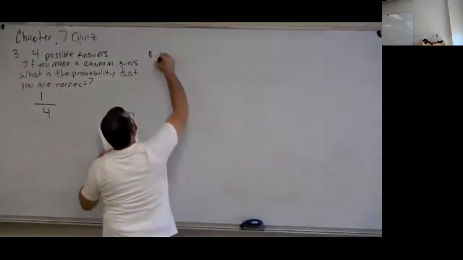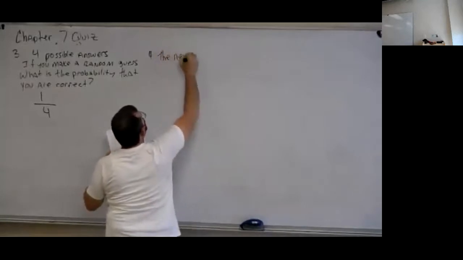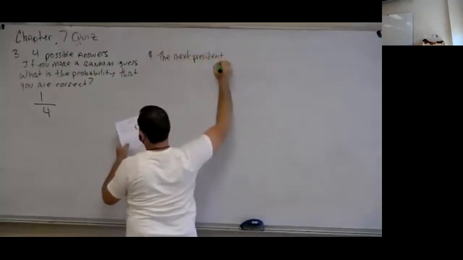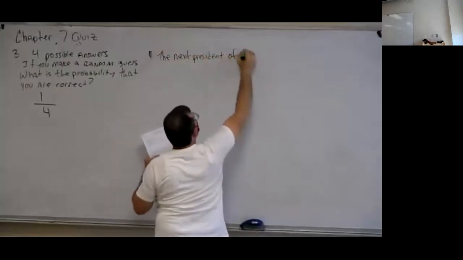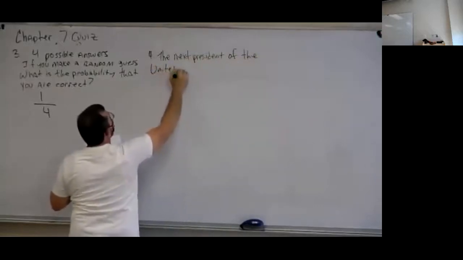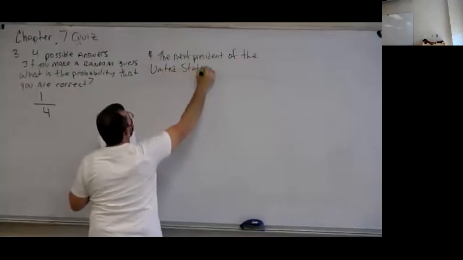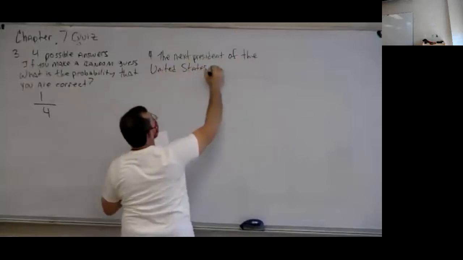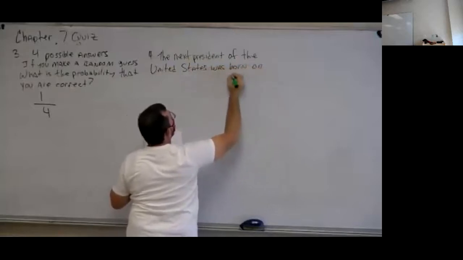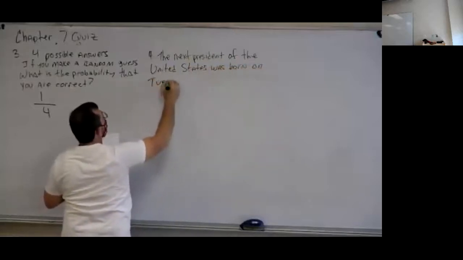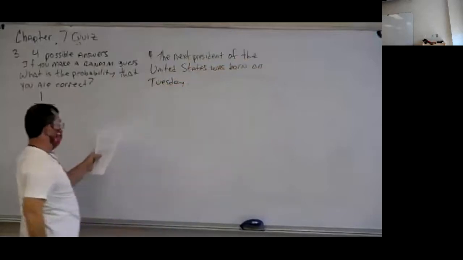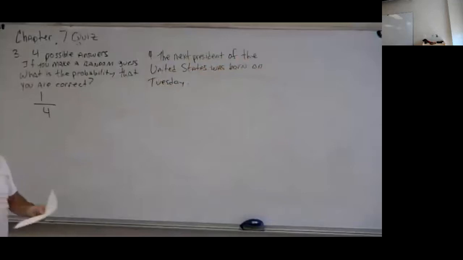So they're saying the next president of the United States was born on Tuesday. So they want to know the probability of the given event.